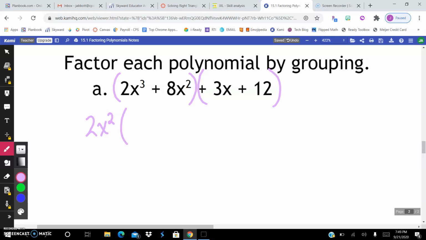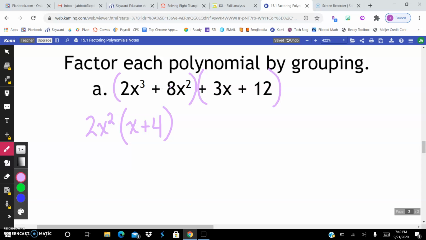If I divide 2 by 2, I get 1. And x to the third, I took x out of that, which would leave me with x squared left over. 8 divided by 2 would be 4 left over. So it would be x squared plus 4 left.